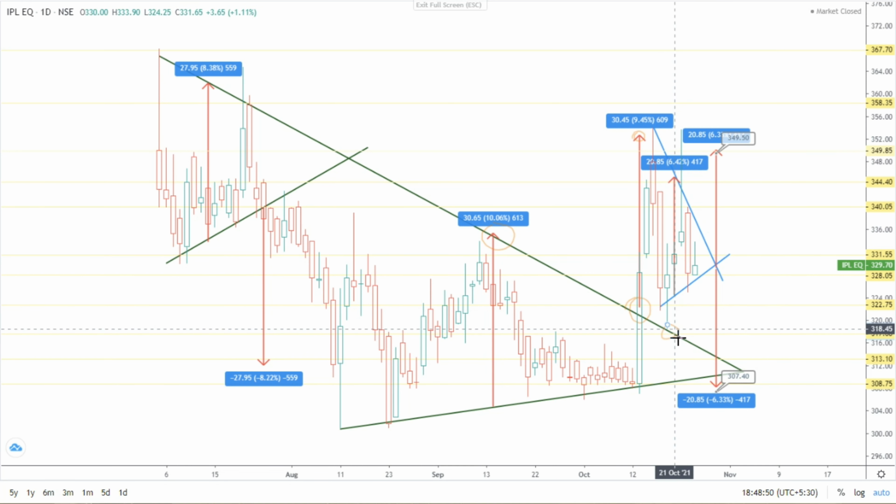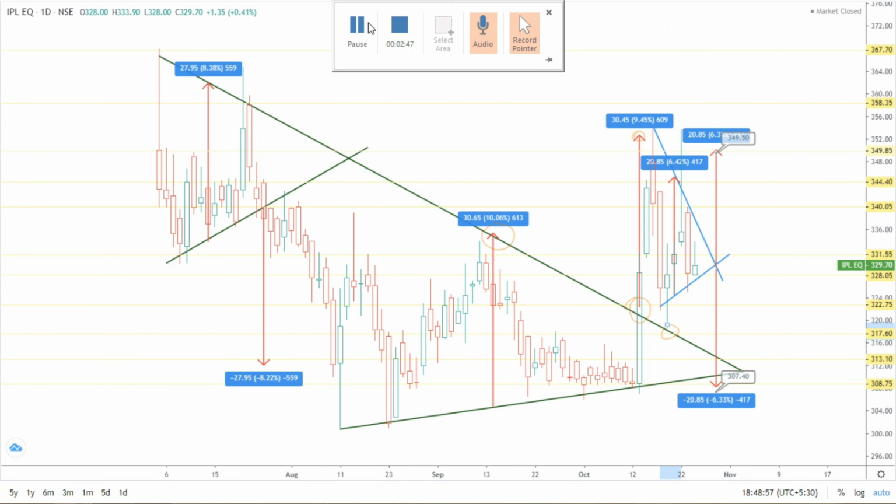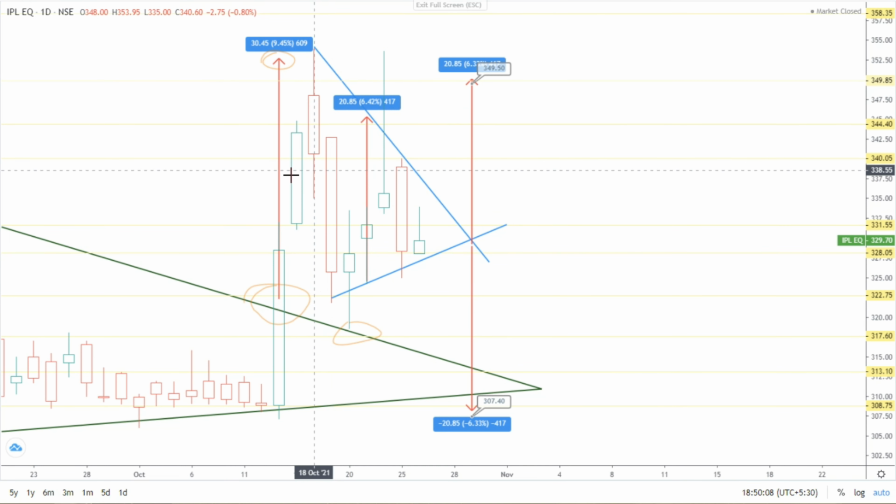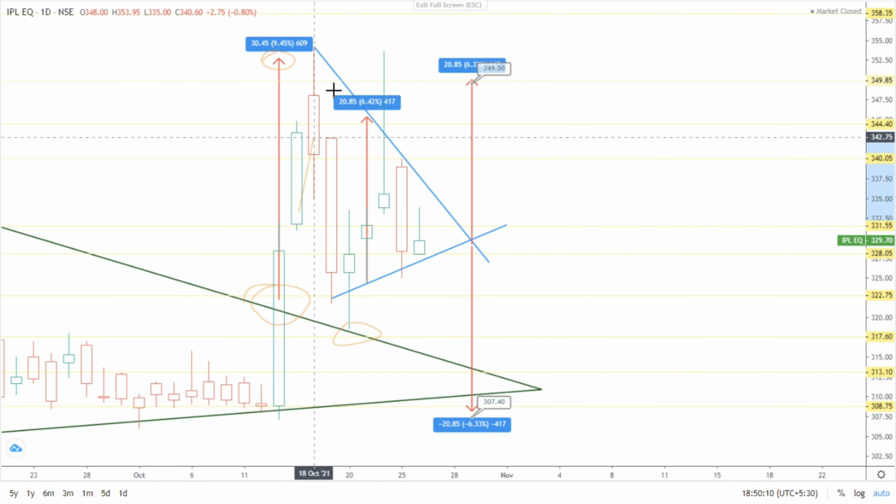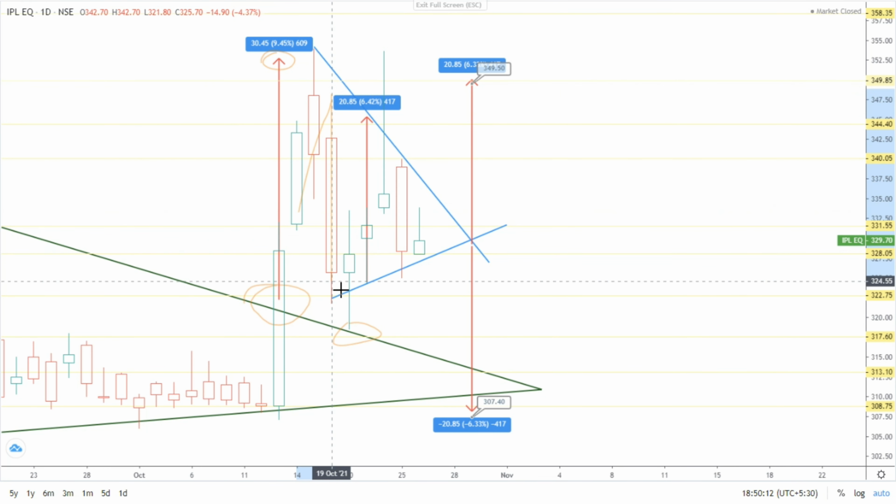So it can take support in this support zone, this green line. You can see this stock has gone up, again down, and up, and again down, and again up and again down and up.